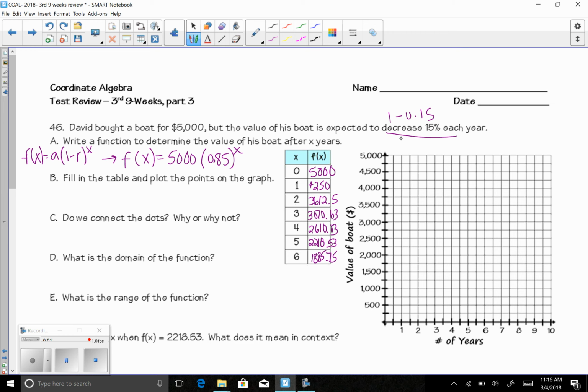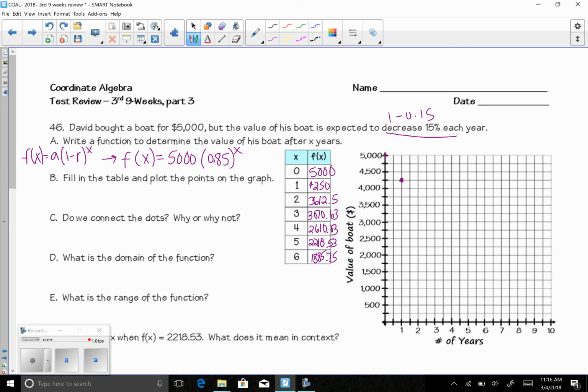And then we're going to plot the points. So 0, 5,000; 1, 4,250. Oh, wrong place. 2, 3,612.